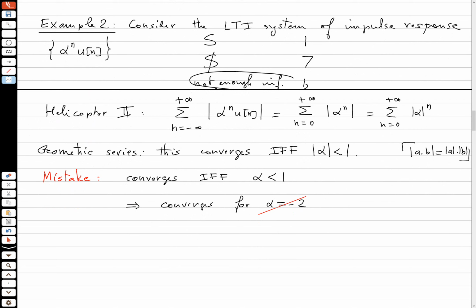All right, so the conclusion is that this system is stable if and only if alpha is less than 1 in absolute value. In fact, I should say in magnitude.